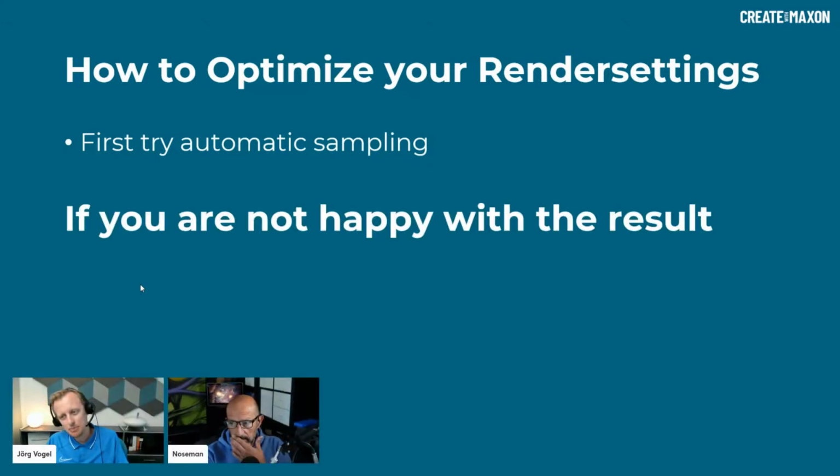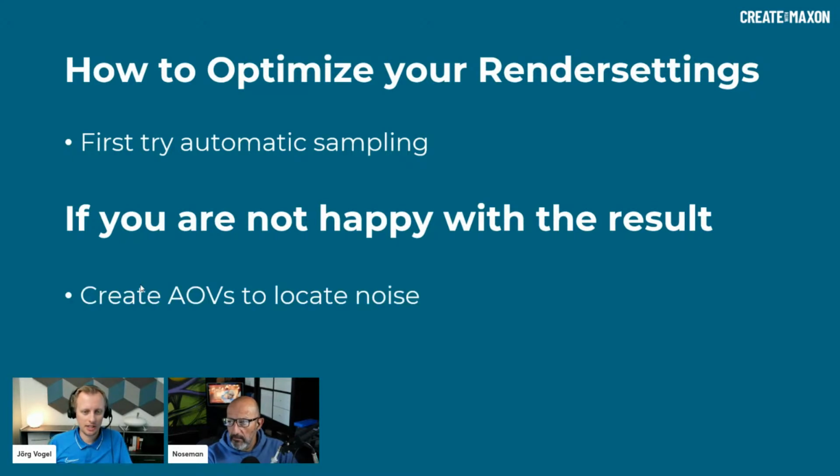But if you're not happy with the result, like if it's rendering too long, or it has too much noise, and if you turn the threshold down, it will look good, but then it's rendering too long, you can just go the manual way and tweak the settings manually, and then it's getting a little bit complicated.